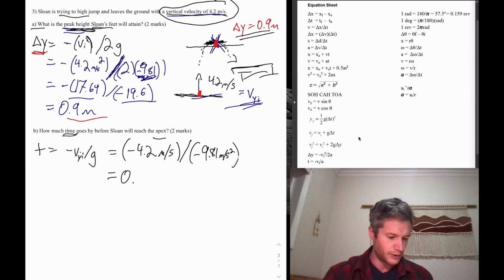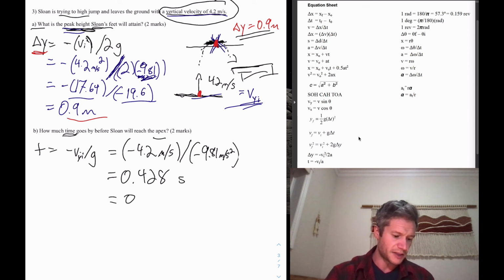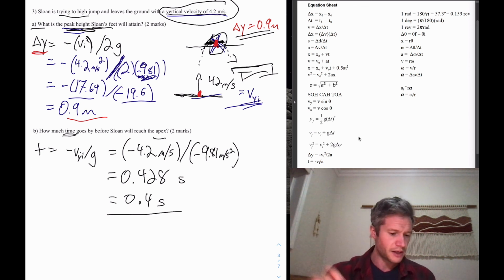So the full number would be something like that, and that's of course in time, so that's seconds. And rounding to one decimal place, it'll be 0.4 seconds for you. Okay, great. So again, that's how much time it'll take to get to the top of this parabolic curve on this high jump that Sloan is doing here.